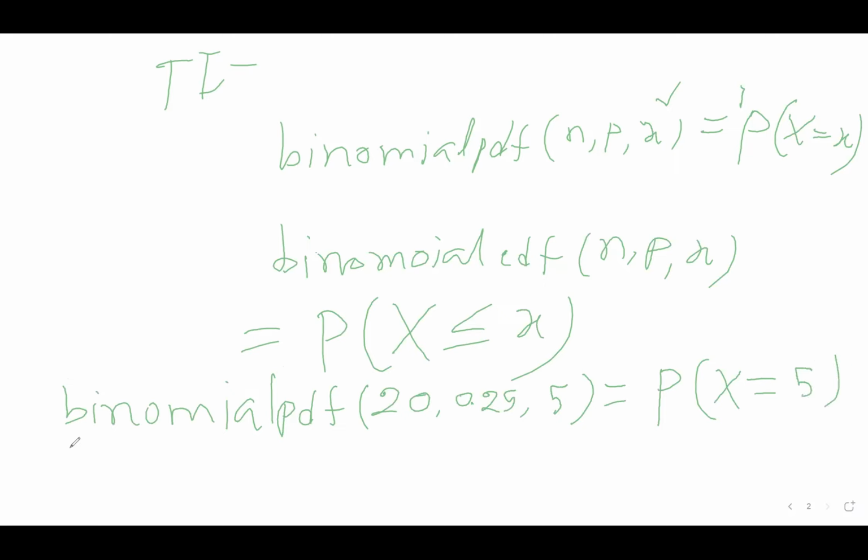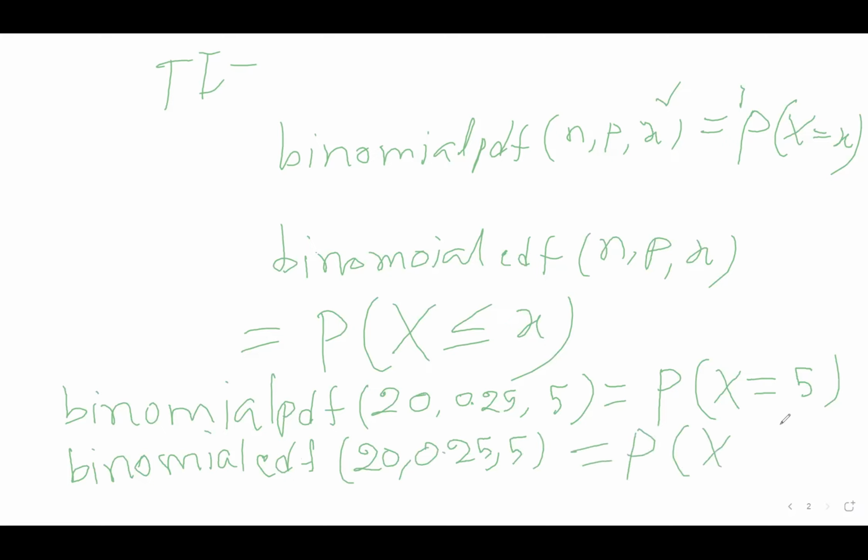But if you use binomial CDF with 20, 0.25 and 5, you are looking for the probability that X is less than or equal to 5. That means you are adding the probabilities for X equal 0, 1, up to 5, the cumulative probability. So when using a calculator, you have to be very careful which function you use.